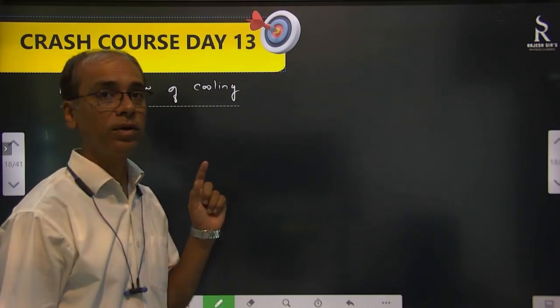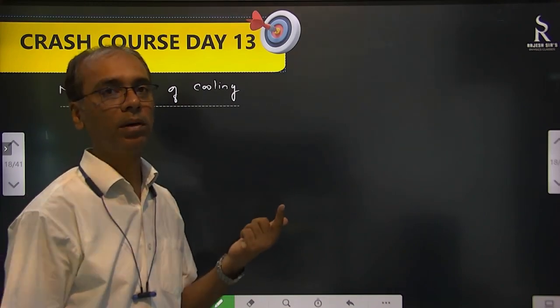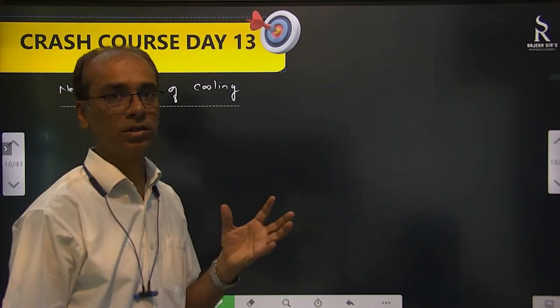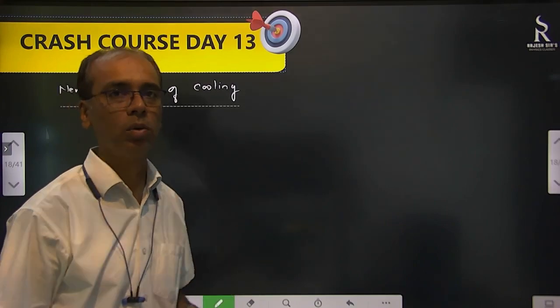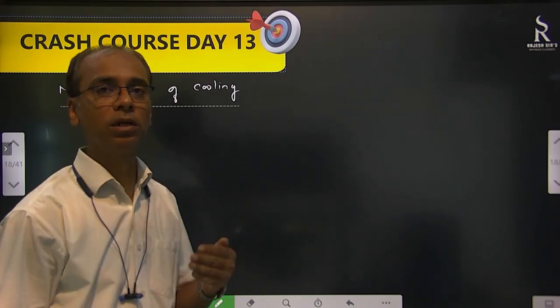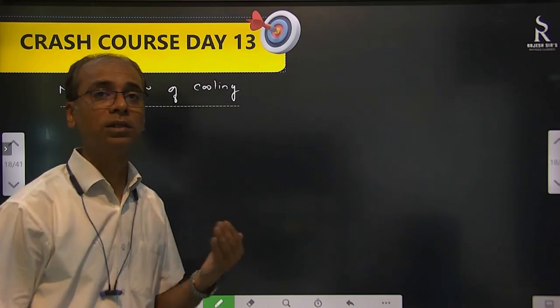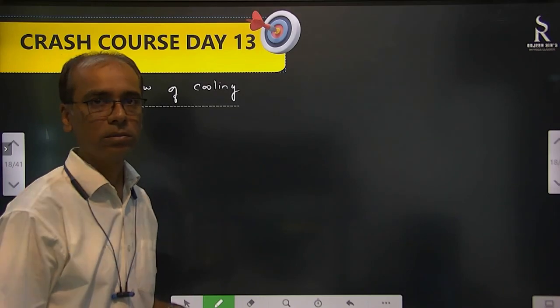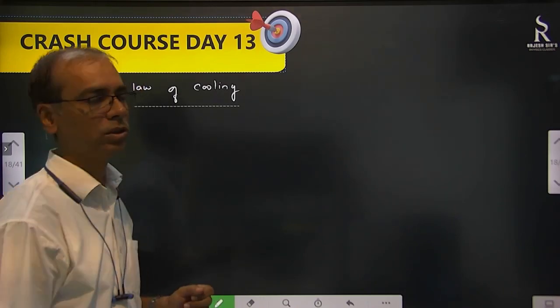That means here we are not talking about how much power you are radiating. Radiation power is not dependent on temperature difference. But here it is cooling. How fast an object is cooling depends on the temperature difference between the object and the surroundings. So when the object and surrounding temperatures are not very different, we use Newton's law of cooling, or the question itself will mention it.